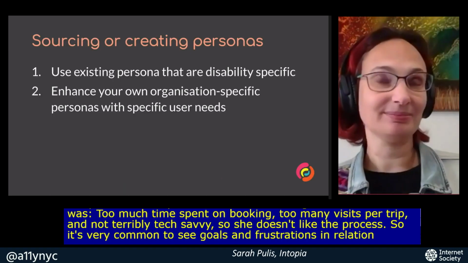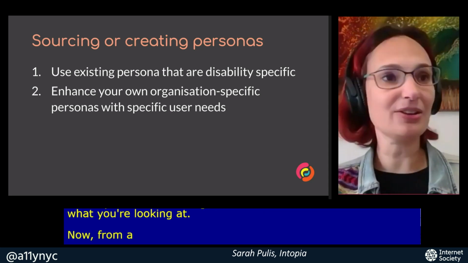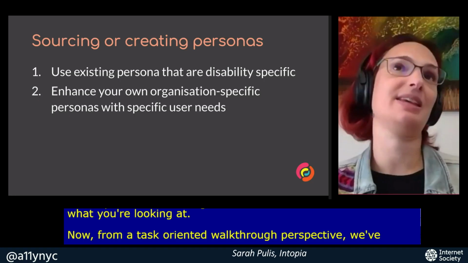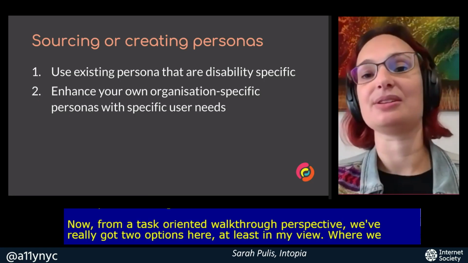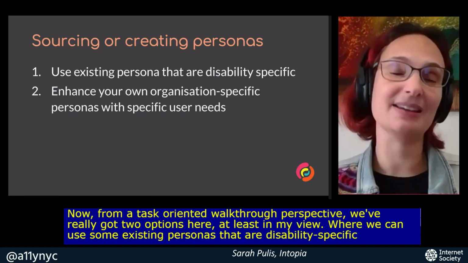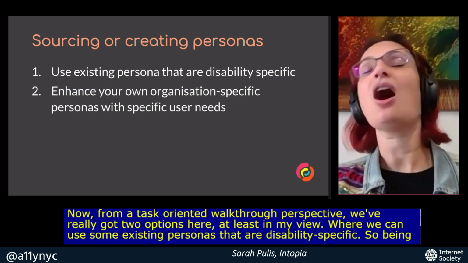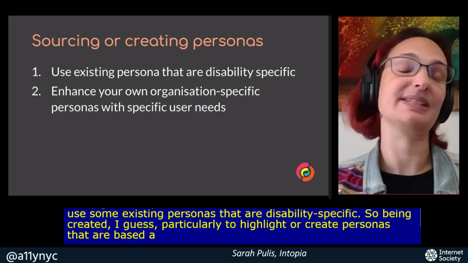Now, from a task-oriented walkthrough perspective, we've really got 2 options here, at least in my view. We can use some existing personas that are disability specific. So being created, I guess, particularly to highlight or create personas that are based around different disabilities.